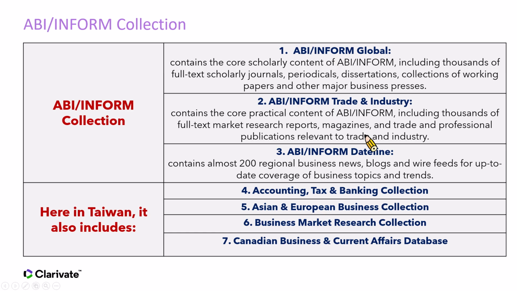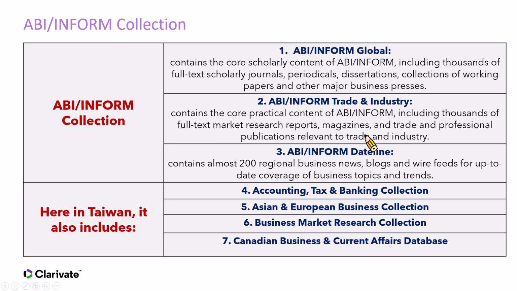For scholarly content, everything is under the Global database. For the latest business trends, what's going on in the market, you can use Trade & Industry. For the most up-to-date news, you use Dateline.